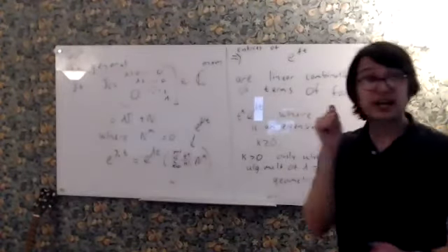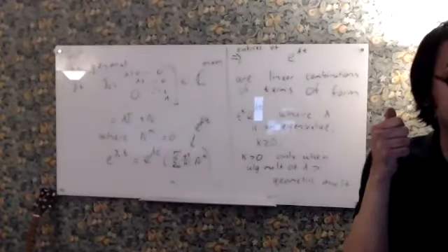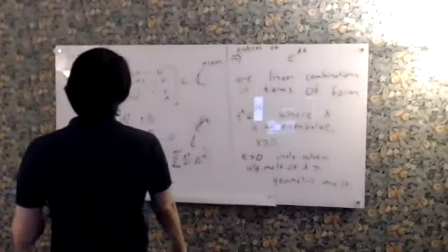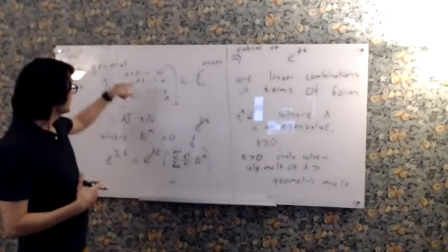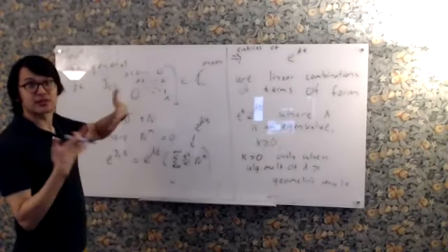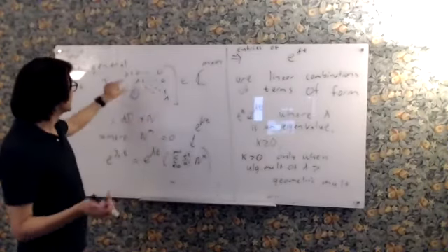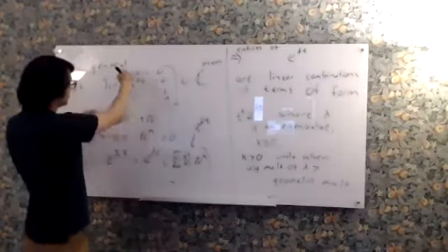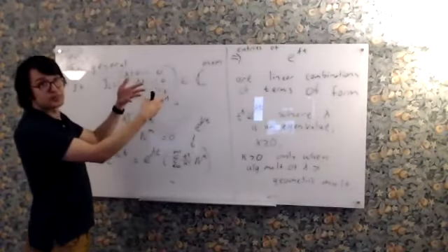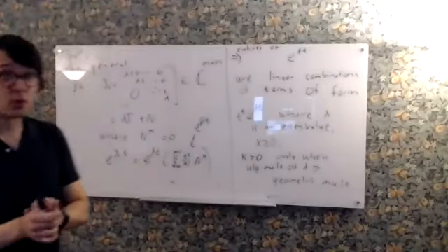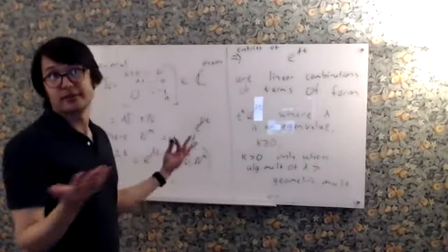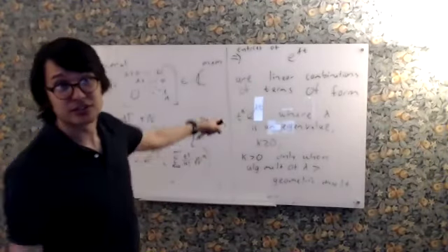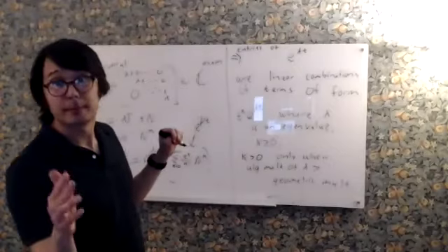Because the only time we have a Jordan block with a 1 above the diagonal is when the algebraic multiplicity is higher than the geometric multiplicity, because that means that we've got more lambdas than we have Jordan blocks, basically. That's the only time we'd ever have this t to the k showing up with anything other than a 1, right? Because if k is equal to 0, this t to the k just reduces to a 1.